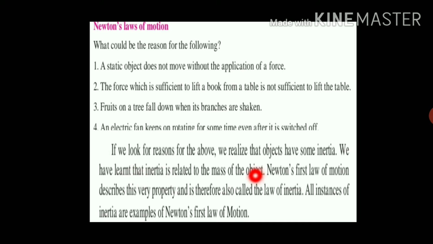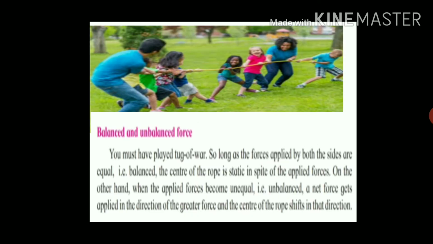It means till an external force is not acting on any body, that body has a tendency to remain in its original state, its initial state. This is called inertia, and this property of inertia is explained by Newton's first law, and therefore Newton's first law is also called the law of inertia.